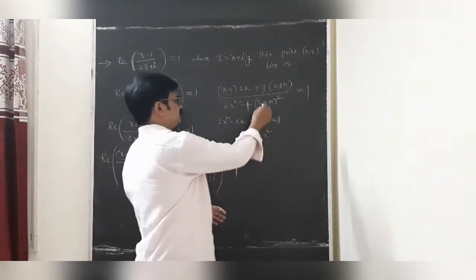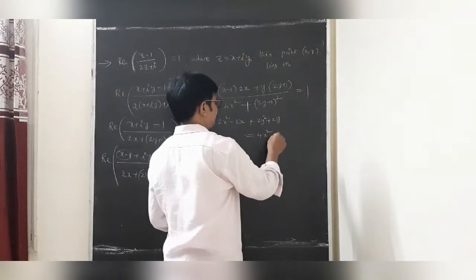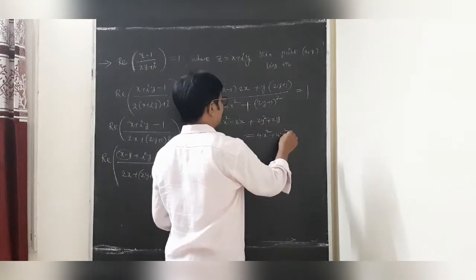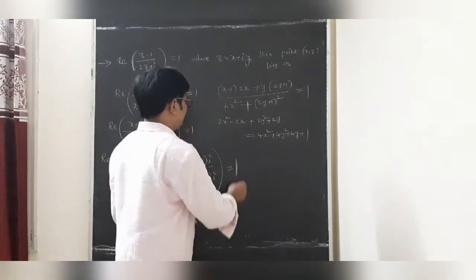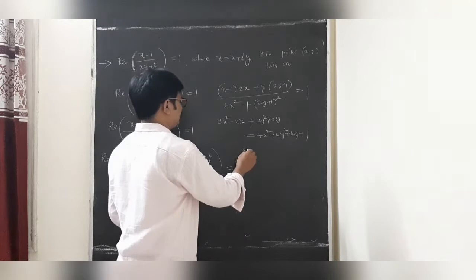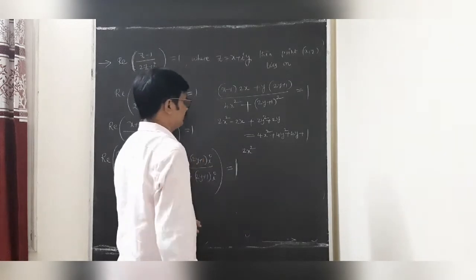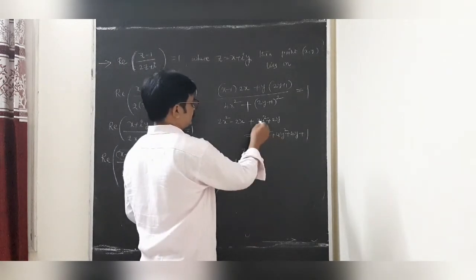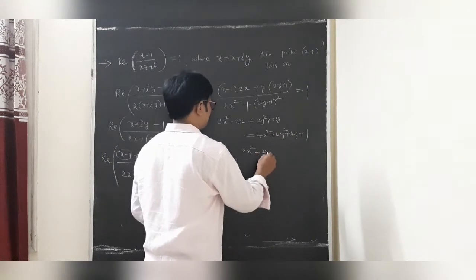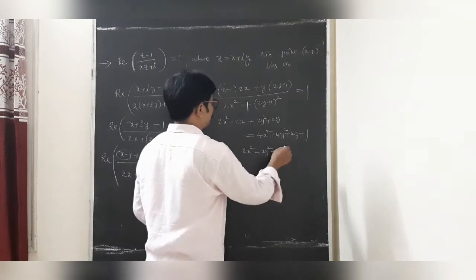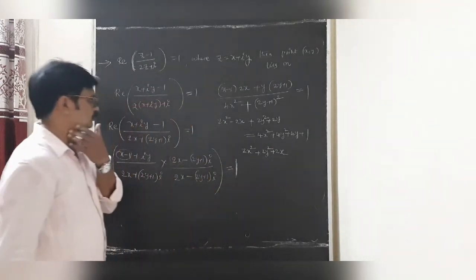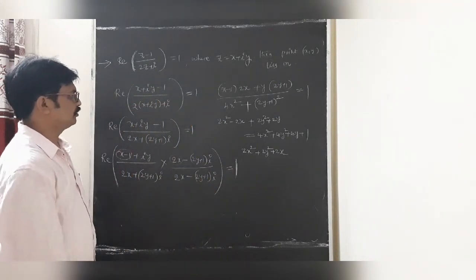My dear students, this will be sending to the other side, 4y square plus 4y plus 1. Dear students, all these terms are sent to the other side. What are the remaining? 2x square. 4y square minus 2y square is 2y square. The minus 2x is the plus 2x. So what students? Minus 2x is the plus 2x.